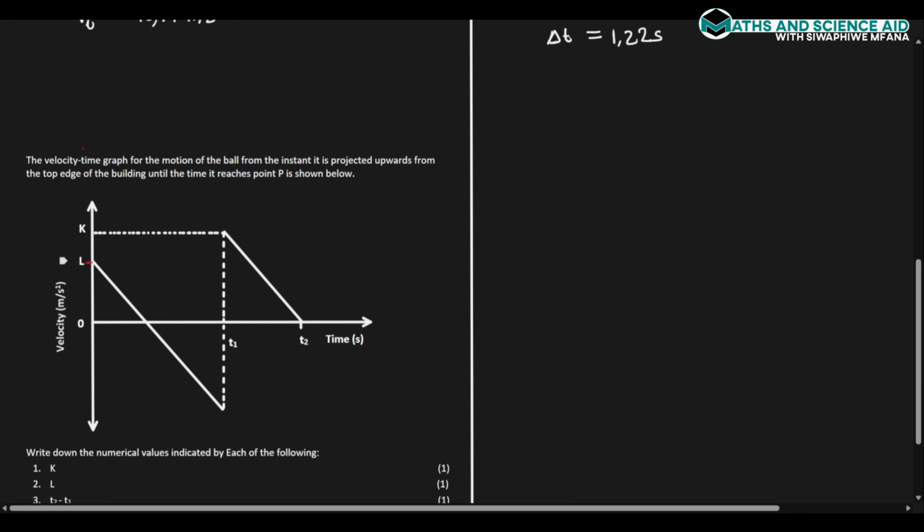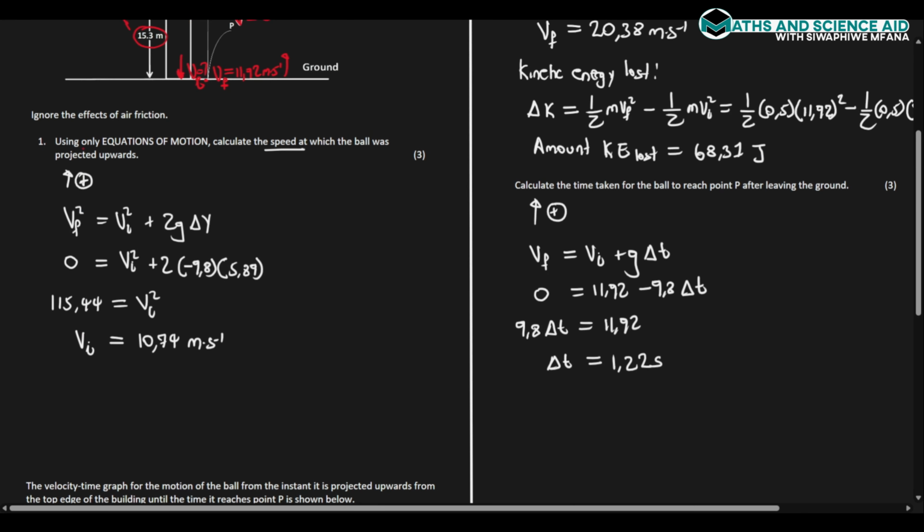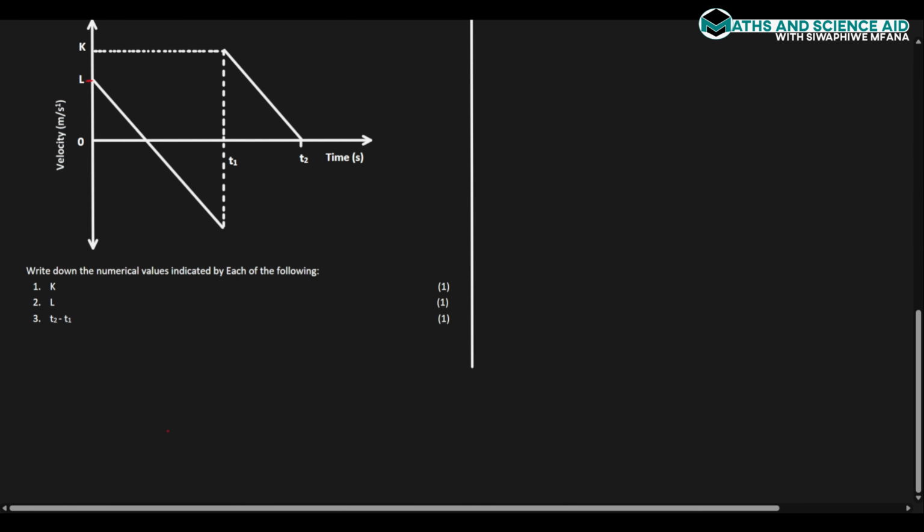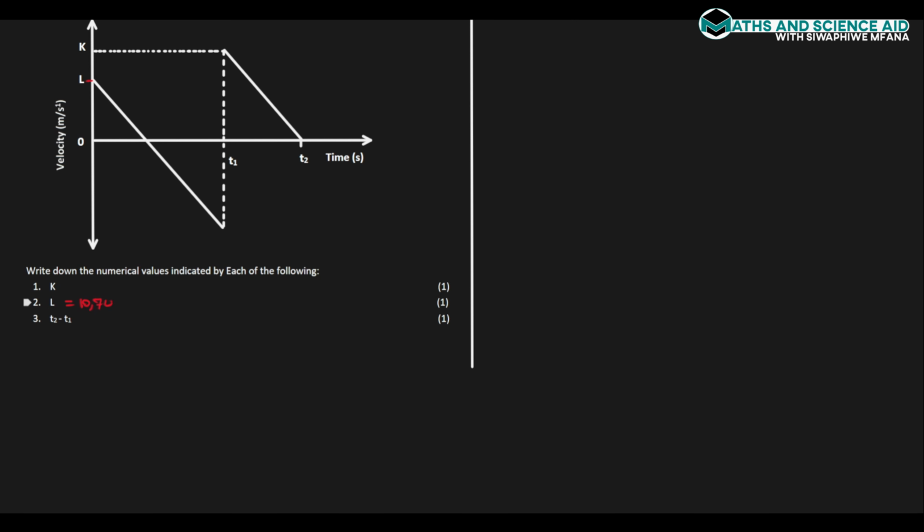And in the previous calculations we had, in fact, the very first one that we did, we had worked that out to be equal to 10,74. So that would be the answer to number 2 here. It would be 10,74.